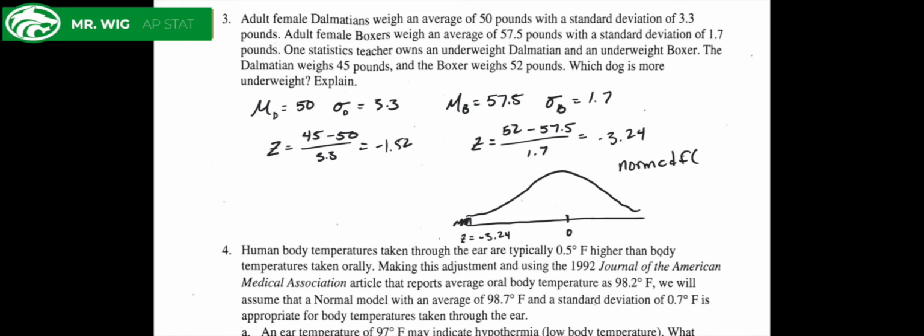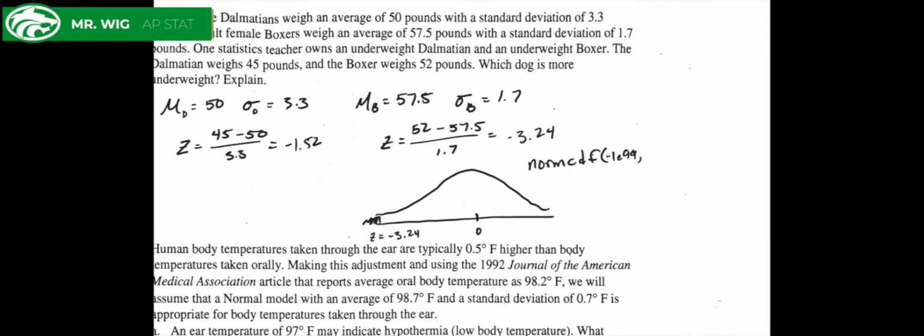This is not part of the question, but it helps us to explain normal CDF, kind of what's coming up in a minute. Normal CDF of -1E99 with an upper limit of -3.24. What's the mean for the z-scores? 0, and the standard deviation? 1. That is a thing.